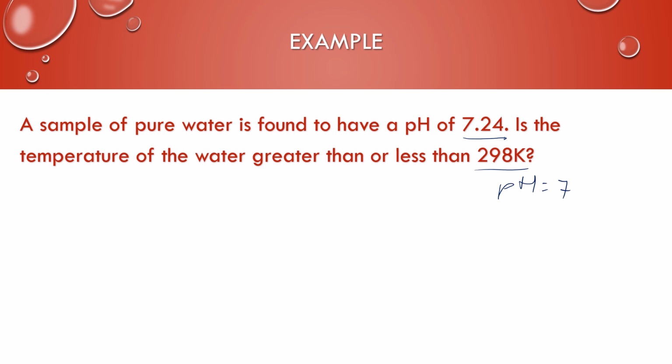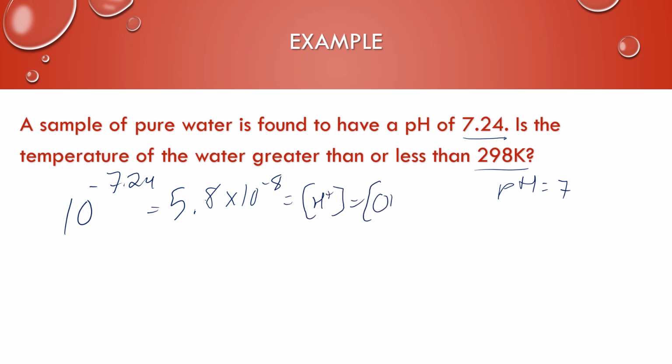Now, you could also do this mathematically if that reasoning didn't make a whole lot of sense. You can do 10 to the negative pH, which gives us 5.8 times 10 to the negative 8th, which is equal to the hydrogen ion concentration, but it's also equal to the hydroxide ion concentration because they told you it was pure water, so you know that they're the same.